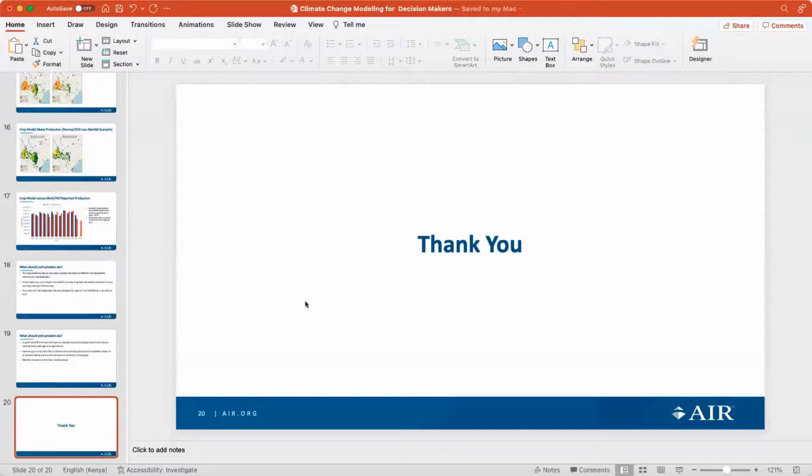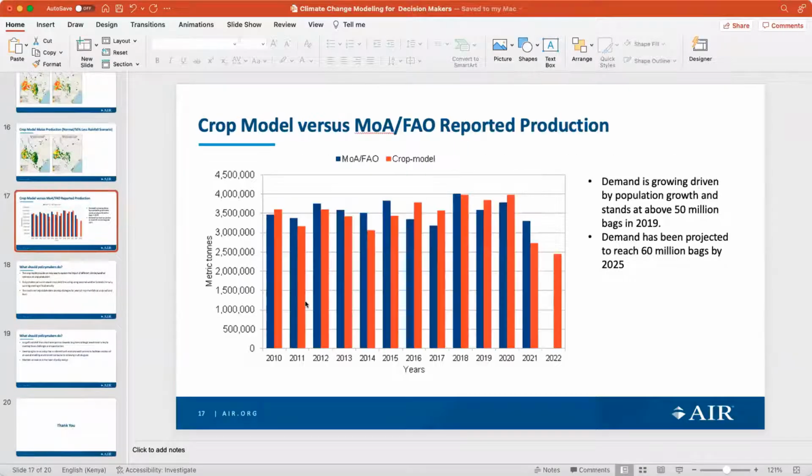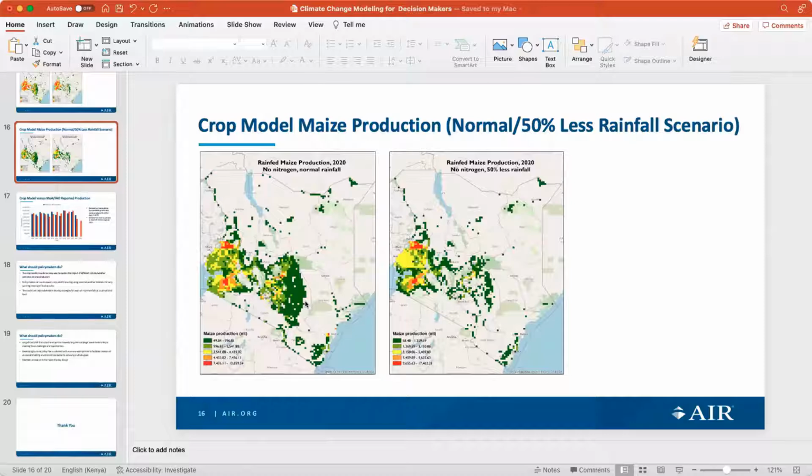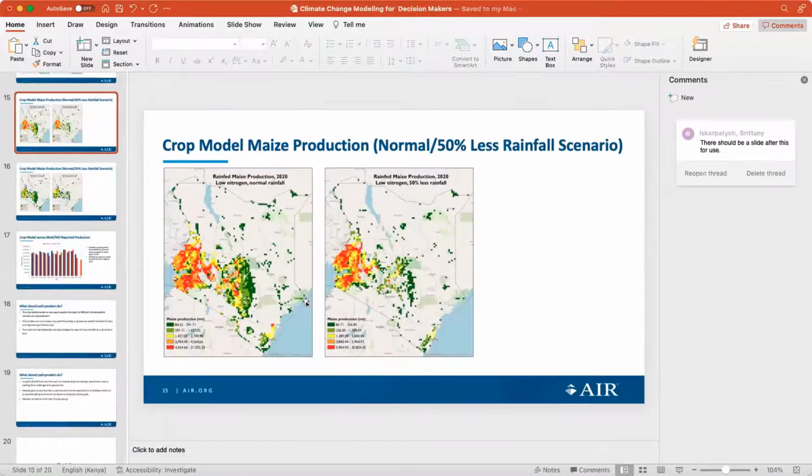The crop model that we are running is capable of looking at the fertilizer itself, but the fertilizer is not the only factor.